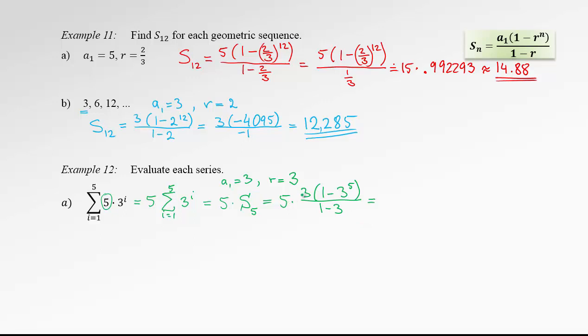It will be 5 times, and now a1, which is 3, times 1 minus the common ratio, which is 3 again, to the n, which is 5, over 1 minus r, so it's 1 minus 3. And that's all. The rest is just arithmetic. So we have 5 times 3, it's 15, and then in a bracket, we get negative 242. Use a calculator to check on that one. Over negative 2.